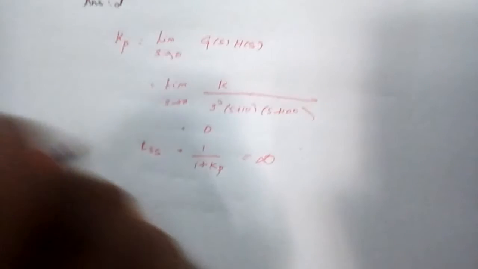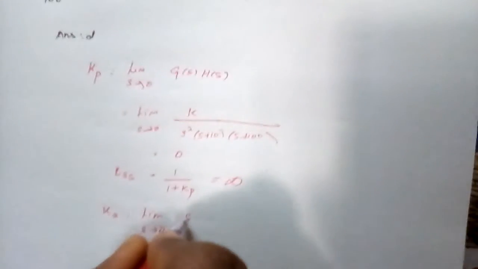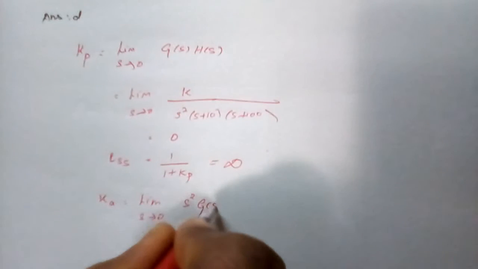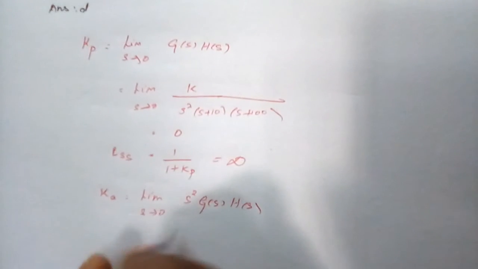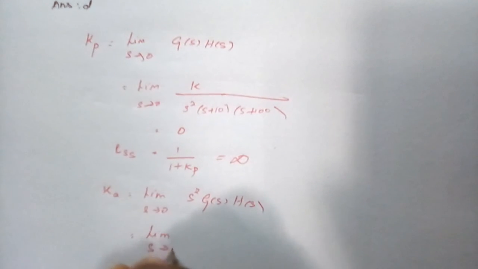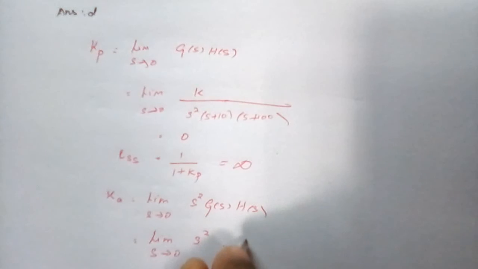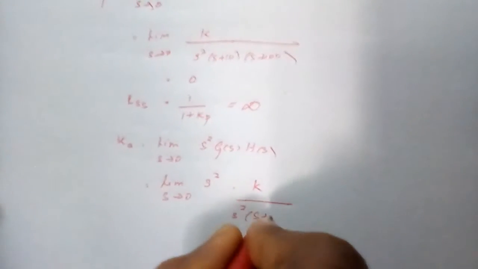And only the acceleration error exists. That means acceleration error coefficient Ka is equal to limit s tends to 0, s square G(s)H(s). Okay, here I have limit s tends to 0, s square into K divided by s square into s plus 10 into s plus 100.